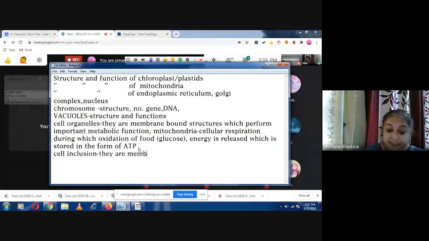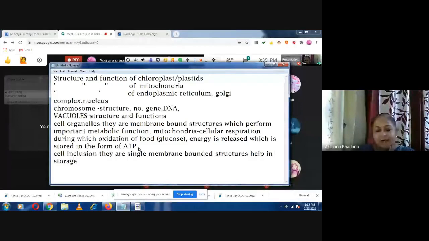Okay, they are single membrane bounded structures. They help in storage. Help in storage.